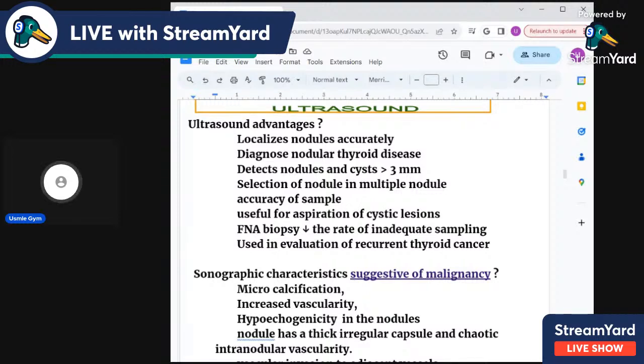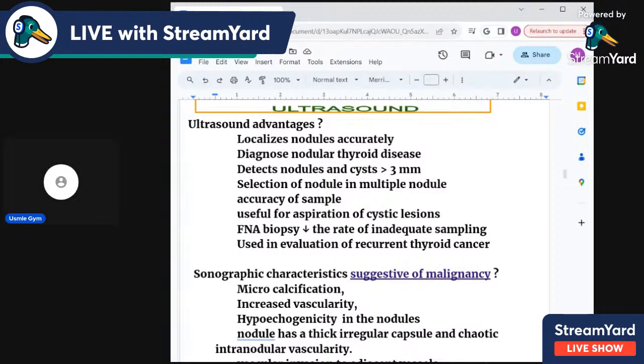Ultrasound is useful for aspiration of cystic lesions and FNA, fine needle aspiration biopsy, which decreases the rate of inadequate sampling, and it is used in evaluation of recurrent thyroid cancer. So these are the advantages of the ultrasound: it localizes the nodule accurately, diagnoses the disease, and detects multiple nodules.